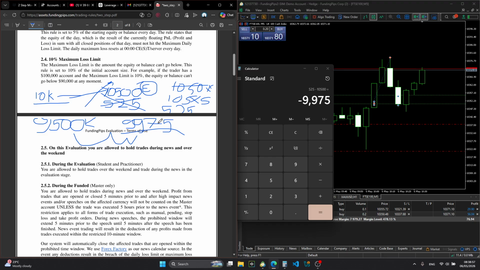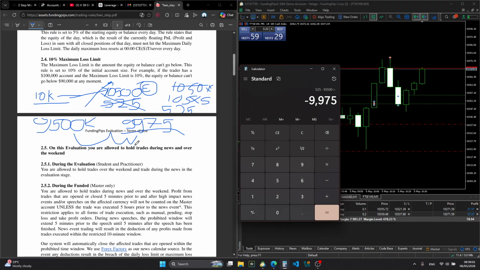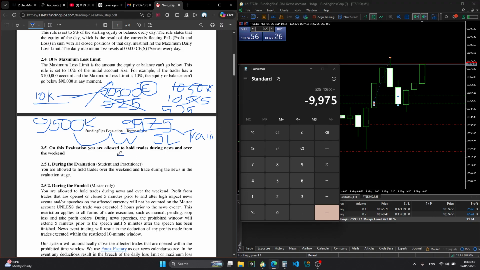The stop losses are trailing. You have to put a trailing stop loss as well. So that is what you need to do. In FTMO you could go to the edge, but in Funding Pips you cannot go to the edge.